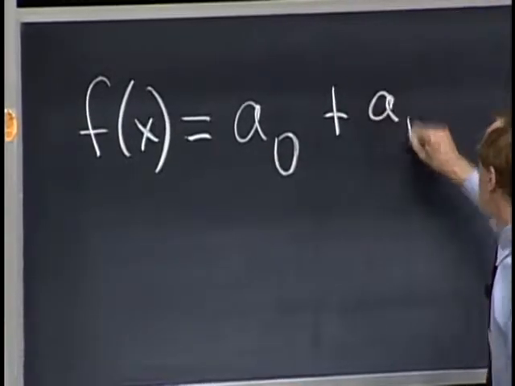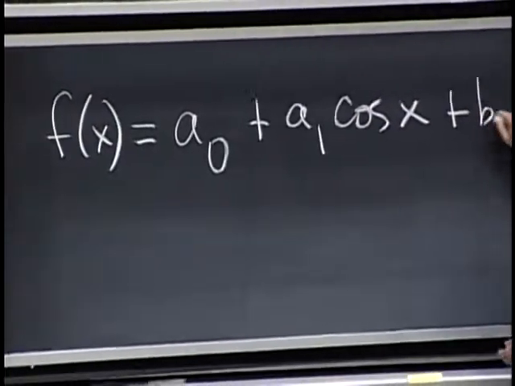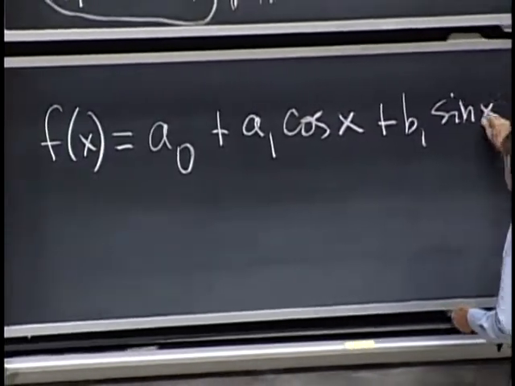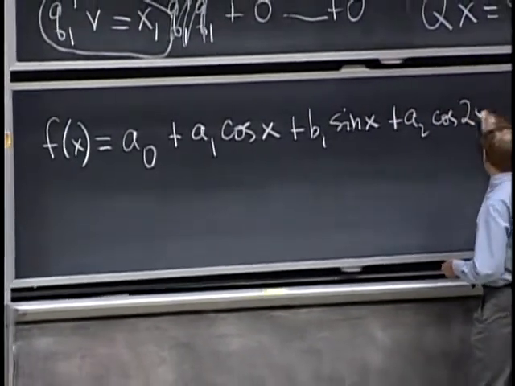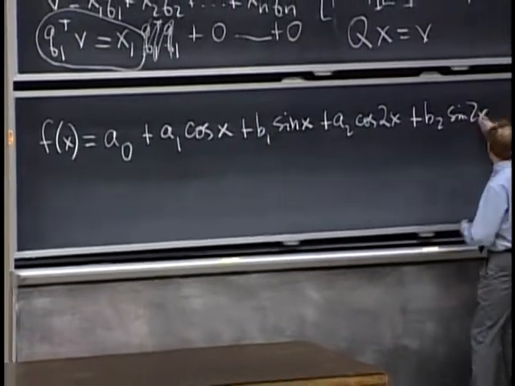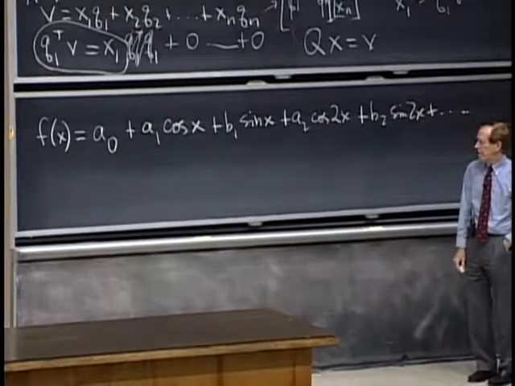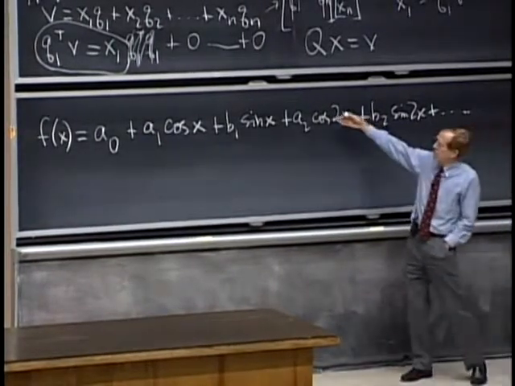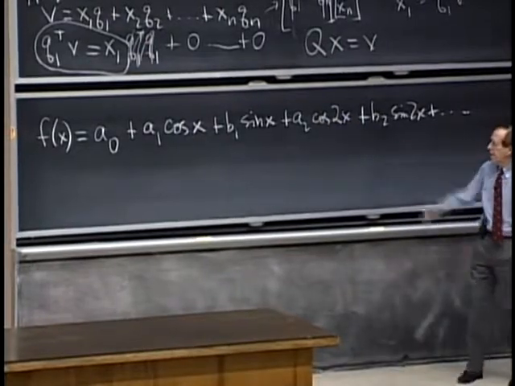And then it has some cosine x in it. And it has some sine x in it. And it has some cosine 2x in it. And some sine 2x, and forever. So what's the difference between this type of problem and the one above it? This one's infinite.